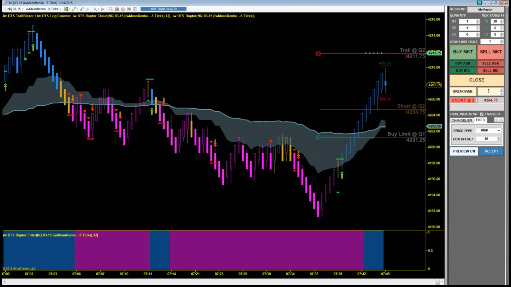And now Trade Manager will automatically manage my position for me. So hopefully it's going to head a little bit lower here so that you can see how Trade Manager, or in this case Trailblazer, automatically rolls the stops for me. And this is a great help when you're watching multiple markets.